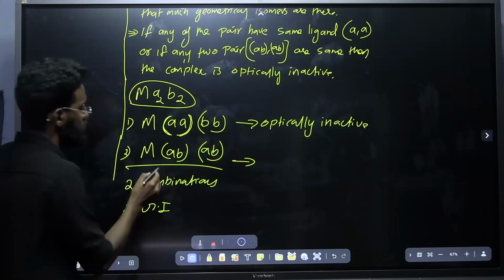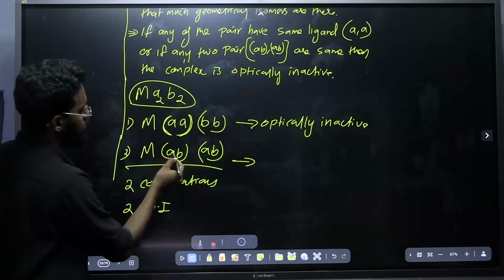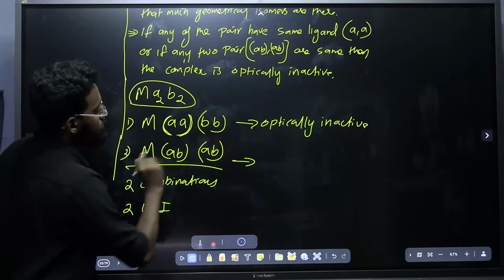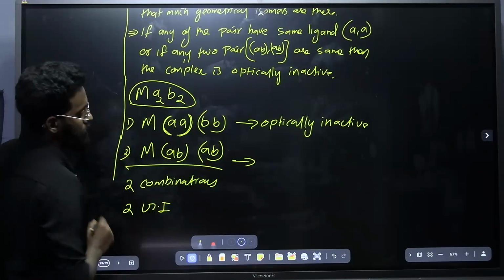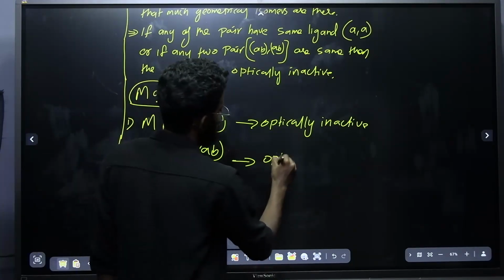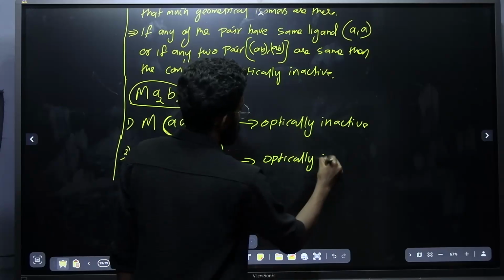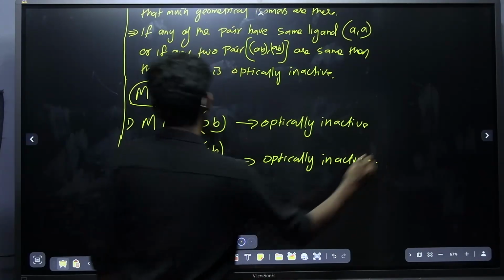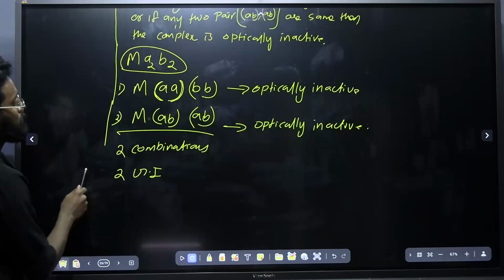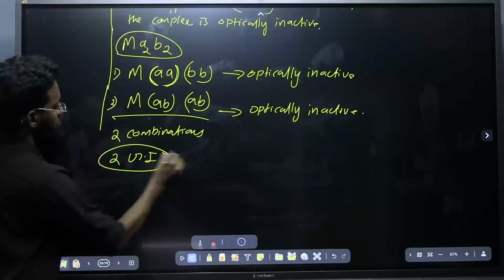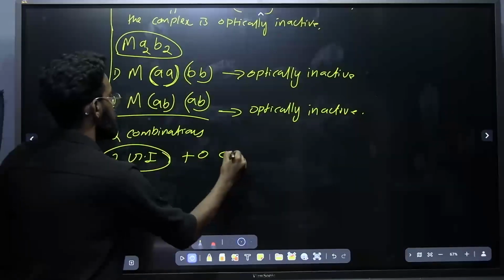And here you can see there is no pair with the same ligand, but there are 2 pairs which are same. So in this case also optically inactive. And thereby you can see there are 2 geometrical isomers plus 0 optical isomers.